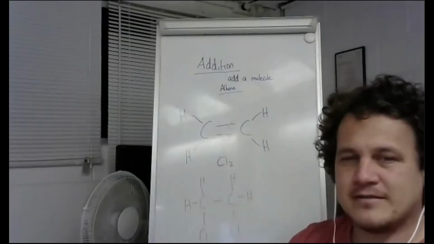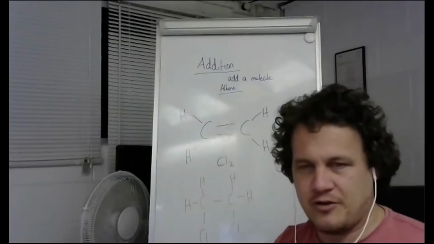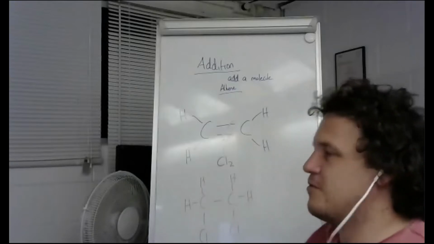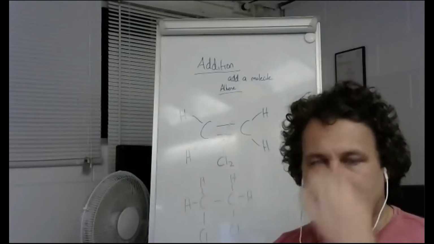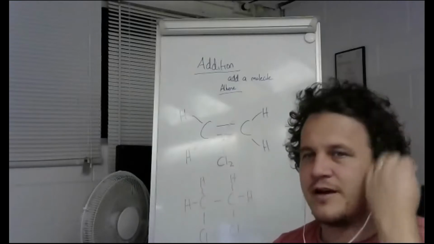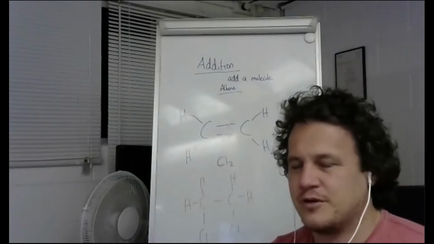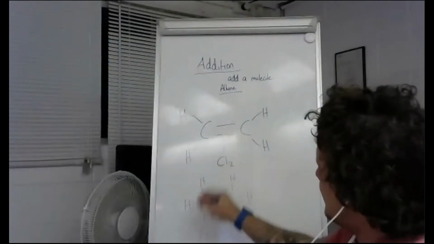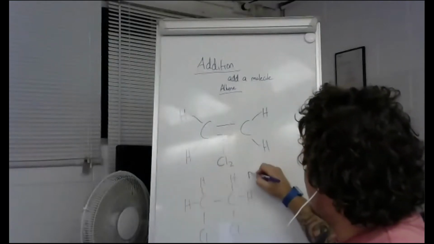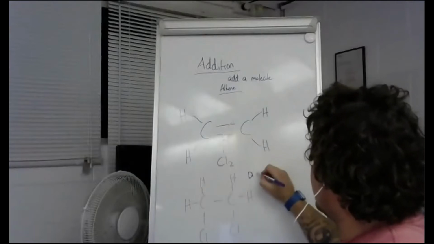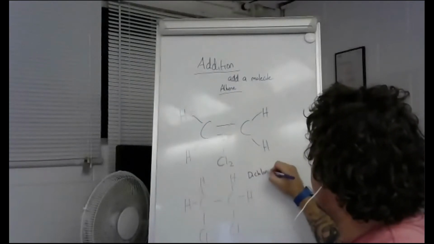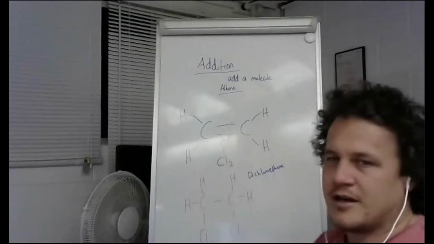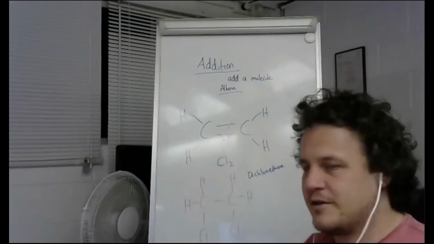A lot of these compounds are not really naturally occurring at all. So we have to make them from feedstock, from oil. So all of our alkenes and alkanes come from crude oil and natural gas. This one is called dichloroethane, because there's two carbons and there's two chlorine.